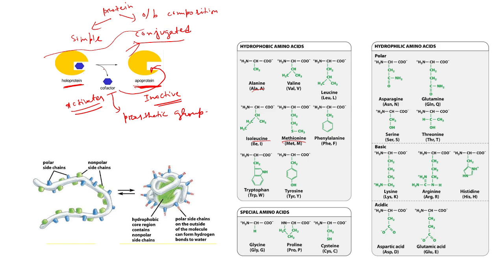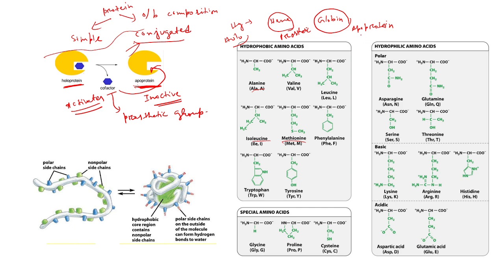For example, hemoglobin. In hemoglobin, one part is called heme and another is globin. Globin is the protein part, and heme is the prosthetic group. Globin is the apoprotein, and hemoglobin is the holoprotein.